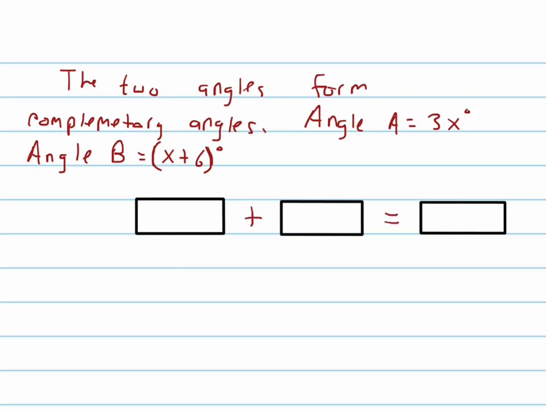Something plus something equals something. Well, complementary. What does that equal? 90 degrees. So they have to add to 90 degrees.